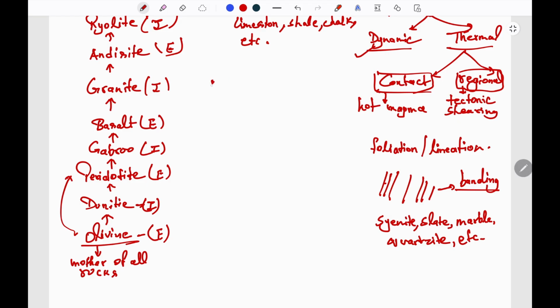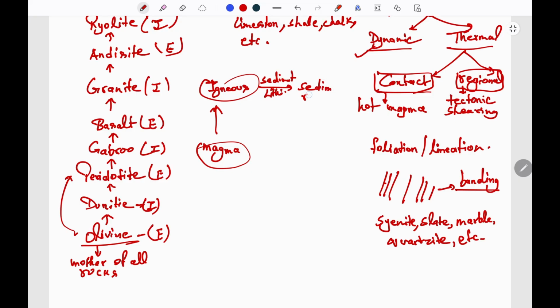So igneous rock, which is formed by magma, forms sediment, which undergoes lithification and forms the sedimentary rocks. Now both these sedimentary and igneous rocks undergo the process of metamorphism and form the metamorphic rocks.